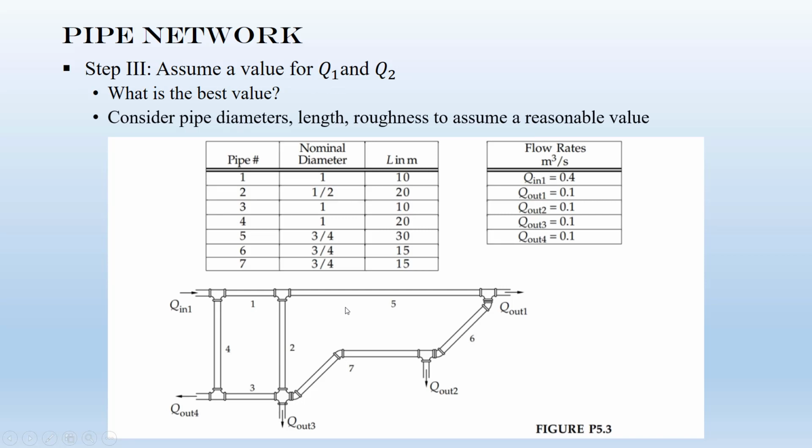Again, guys, you can assume any other values. I'm going to solve this problem based on these Q values: Q1 equals 0.2 cubic meter per second, and Q2 equals 0.05 cubic meter per second.